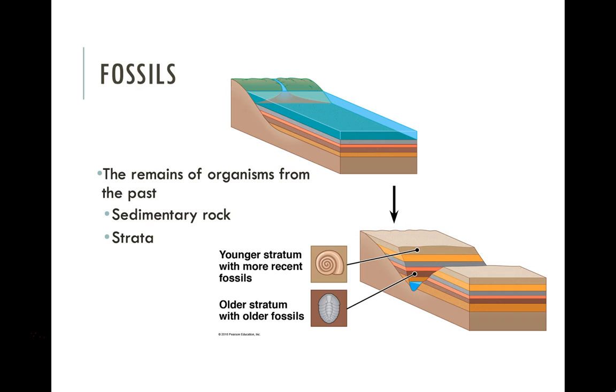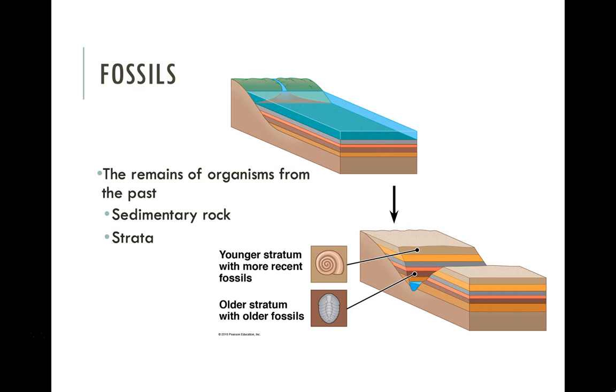Over time, you get these different layers of rock and soil on top of this organism. They're often very distinct layers, so you can see in what layer each of these organisms was. These layers are called strata, and they become layers of rock.